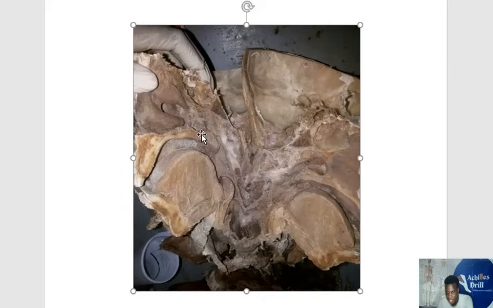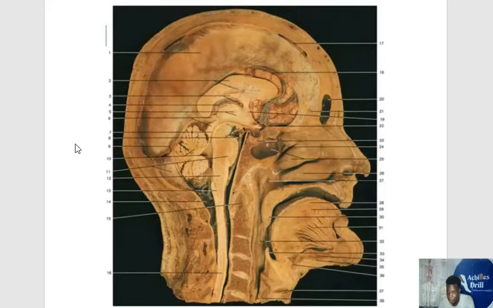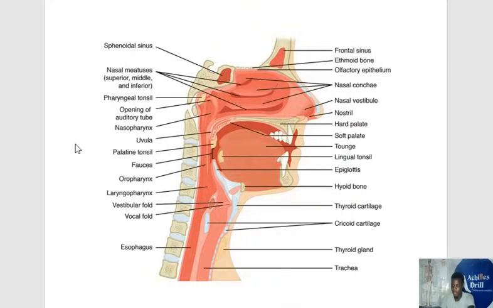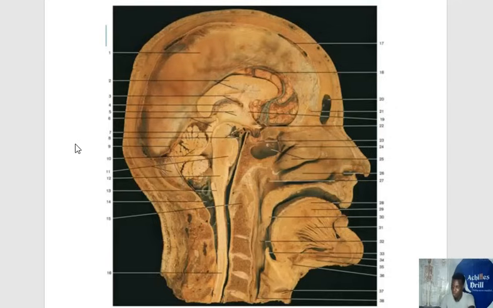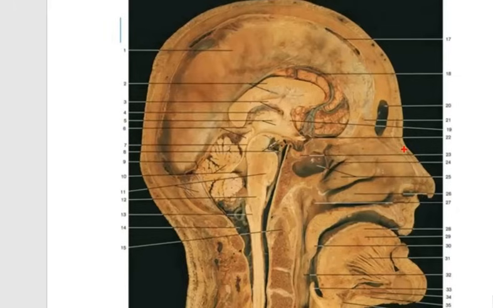I'll be using a textbook picture as well as a cadaver picture. Here is a textbook picture, here is a cadaver picture. The first thing which I would like to draw your attention to is the external nose right here. Usually they will pin this region right here.